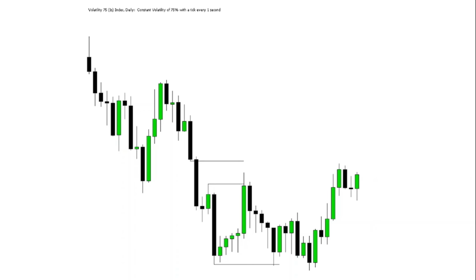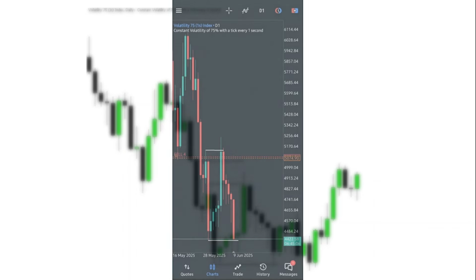Now, as a bonus one, I'm going to show you this one here on Volatility 75, because the ones I've shown you do not have high time frames. The highest that could go was H4. So I want to show you something which actually has a high time frame, like this one on the daily. And this is actually a position that I took myself as well.